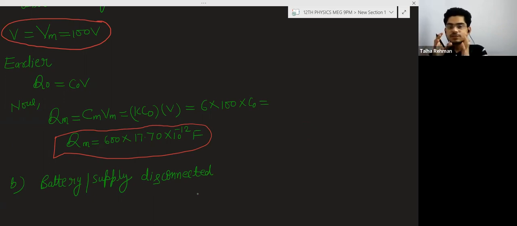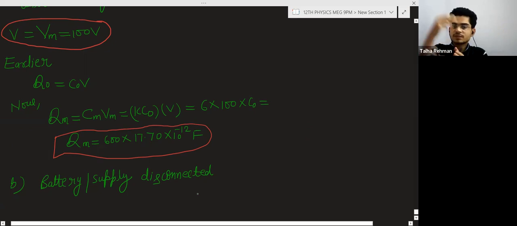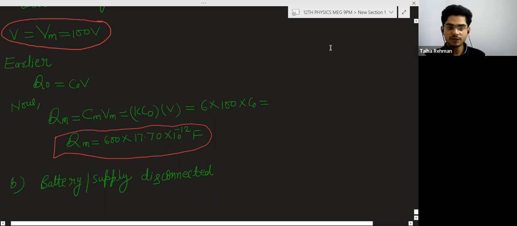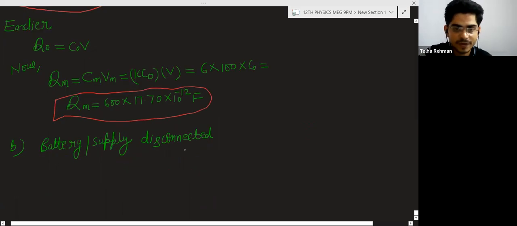The charge will remain the same, meaning no charge is coming from the external source. Hamza, have you understood now? No charge you are giving this time, meaning the charge given earlier will remain the same, but it will not increase. So the charge will remain the same.